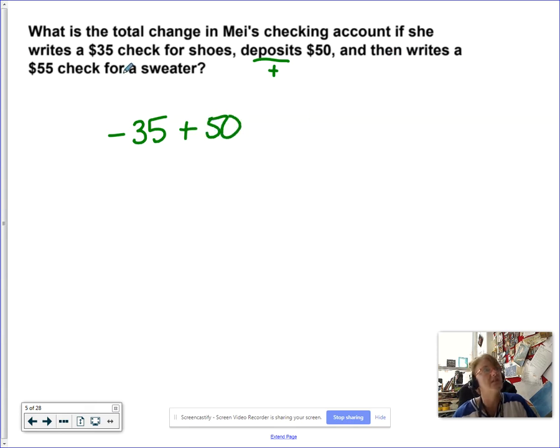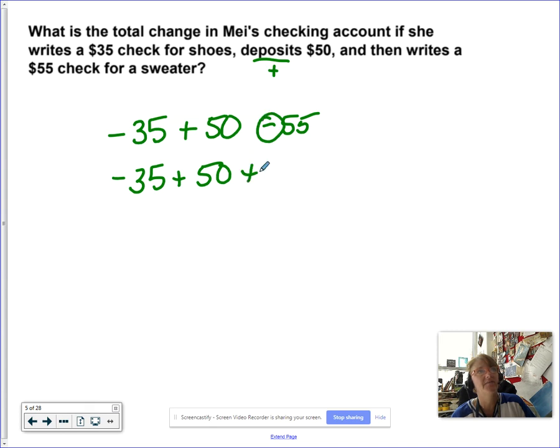And then she writes another check because she's buying a sweater. Now, I've told you, I do not like to think of subtraction. I like to change all of my subtraction to adding the opposite. Subtracting 55 is the same as adding a -55.